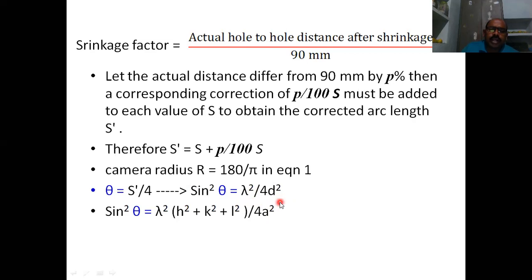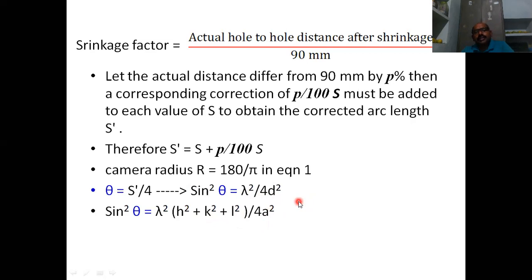Later we can even find out from which planes the reflections are occurring. If we know the Miller indices HKL, we come to know the orientation of planes and hence the location of lattice points. In the case of cubic crystals, the interplanar spacing d is equal to a by under root h square plus k square plus l square.